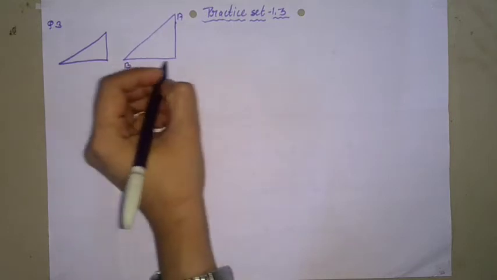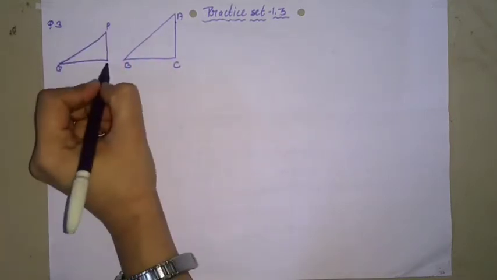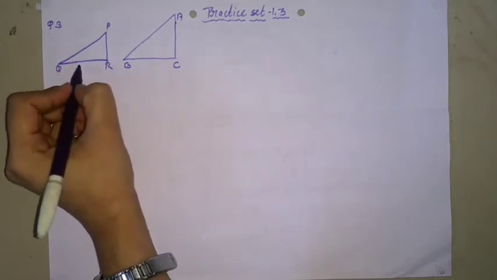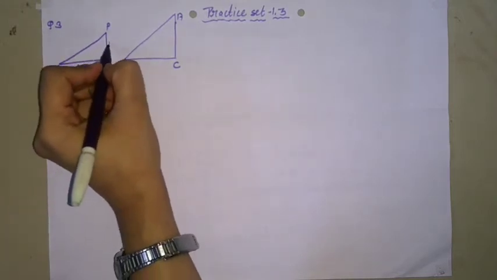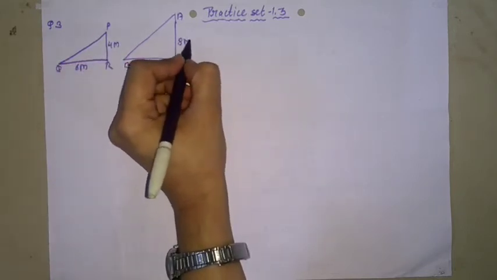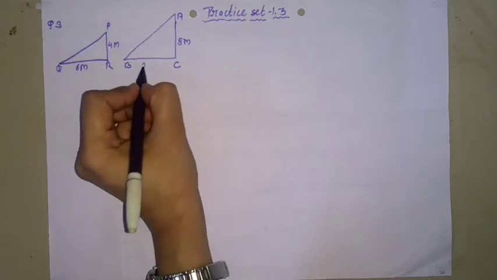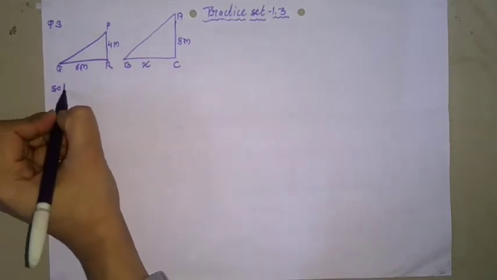Triangles ABC and PQR. QR equal to 6 meters, PR equal to 4 meters, AC equal to 8 meters and BC equal to X. Solution.